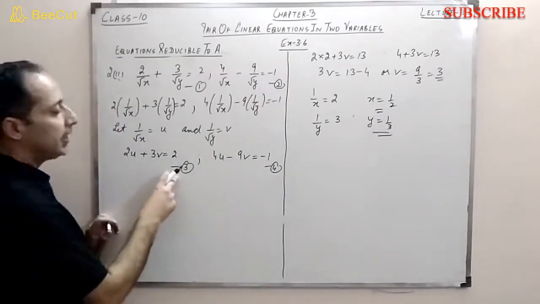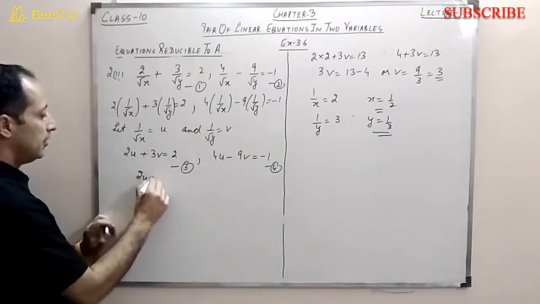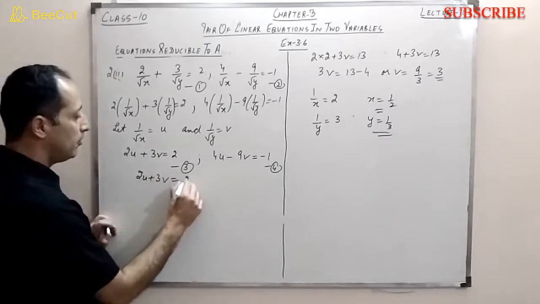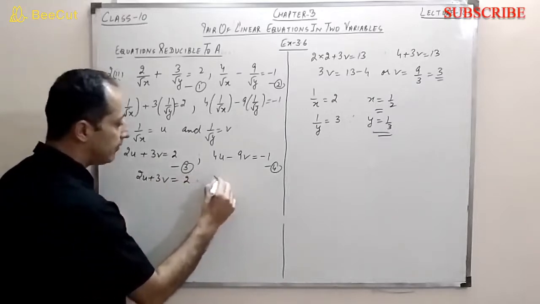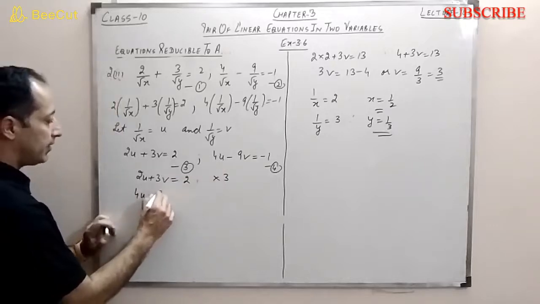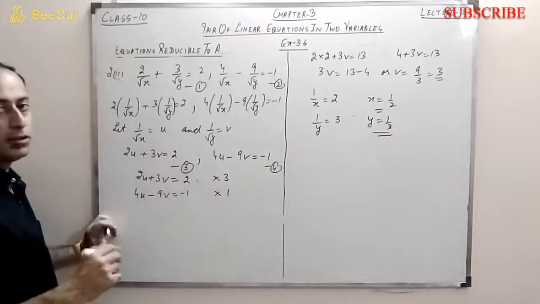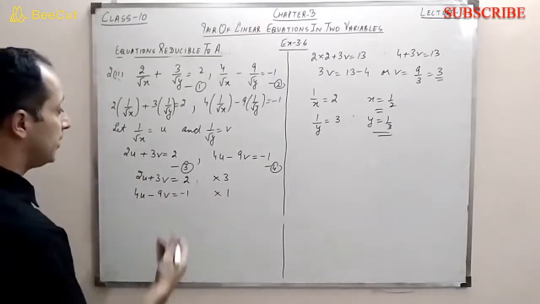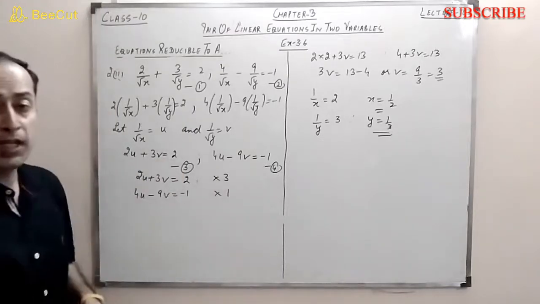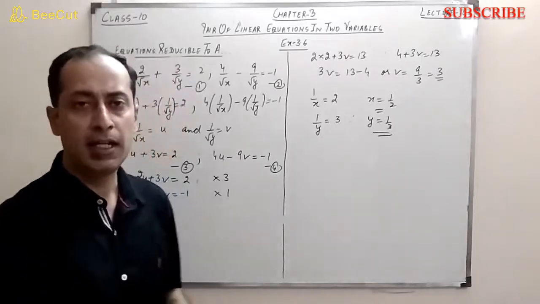We can multiply the third equation by 3. So I write 2u plus 3v equal to 2. I multiply this equation by 3, and the other equation, that is 4u minus 9v equal to minus 1, by 1. So what will happen? Because of the multiplication, the coefficients of v will become equal, and then we can add the two equations because the signs are different.